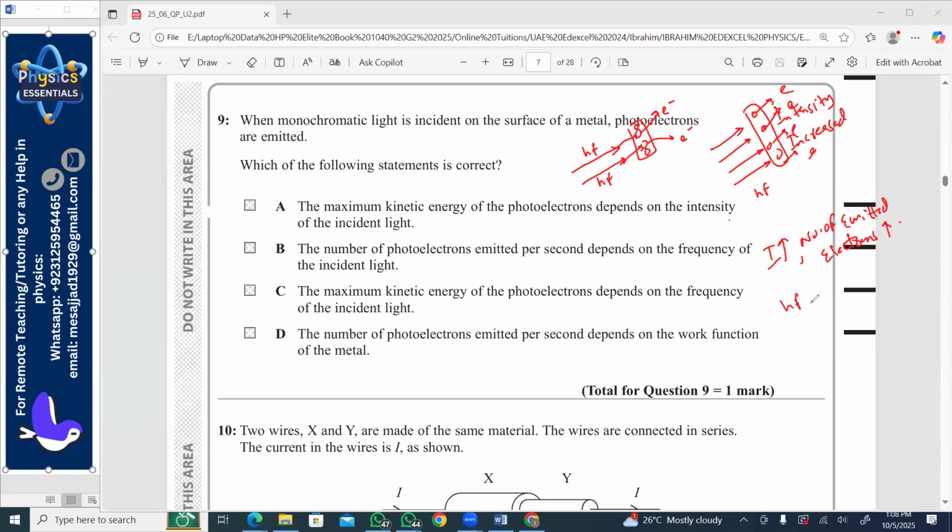But you notice that the number of incident photons doesn't matter. The real thing is the energy of the incoming photon. And if you don't change the energy, the energy is just the same. So hf equals 5 plus KE. And if you just keep the energy the same and just increase the intensity, what happens?